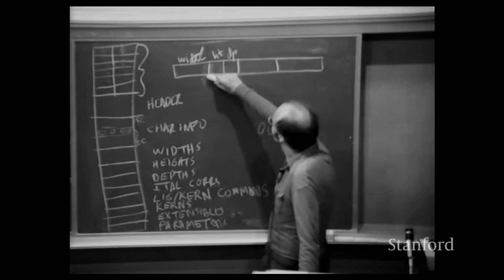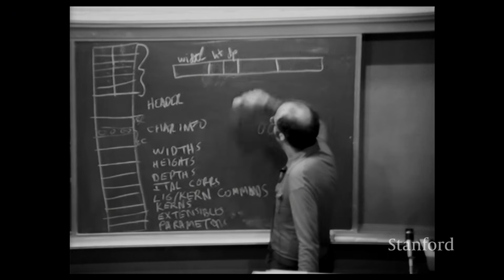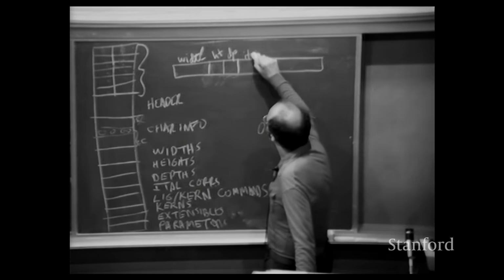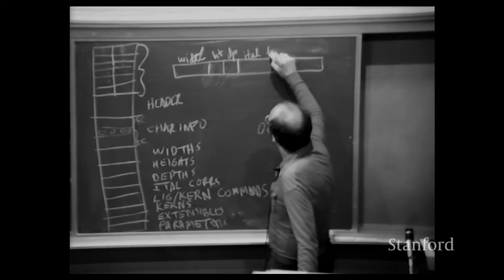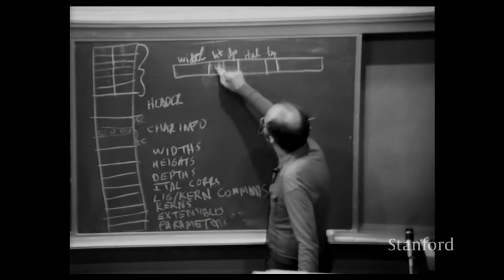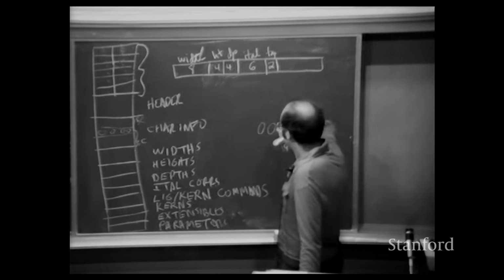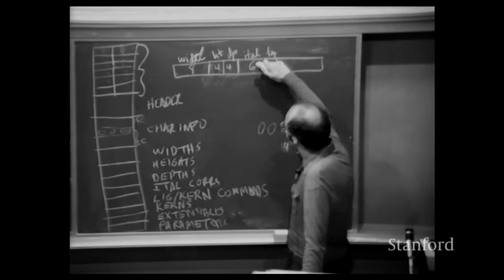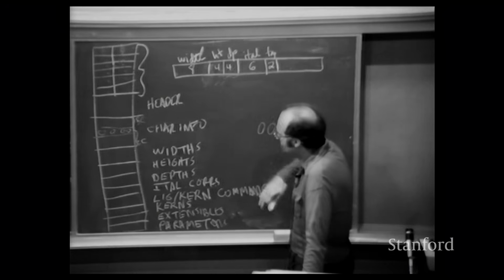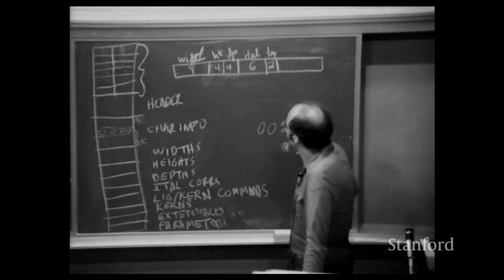So 4 bits for height, 4 bits for depth are packed in there. Italic correction and tag are here, but this is 6-bit, so this is 8 bits wide, 4, 4. This is 6 and 2. Italic correction has 6 bits, so we can have 64 different italic corrections in the file.